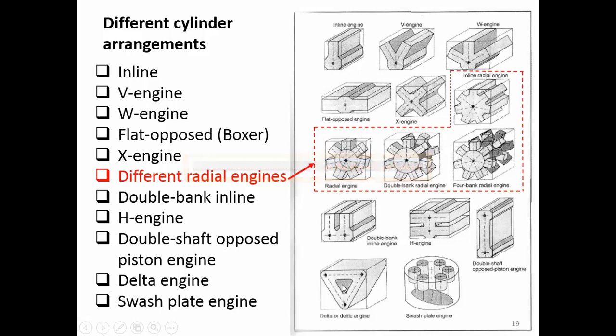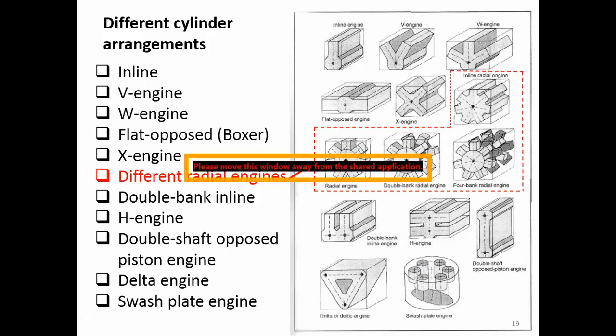Then you have a rotor or a disc, or even a swash plate engine, where their motion when moving is not in one plane, it's in multiple planes, in order to control the timing of the cylinders.